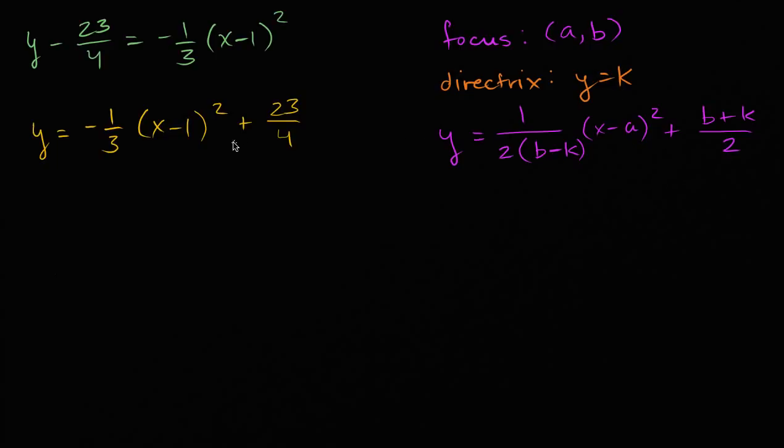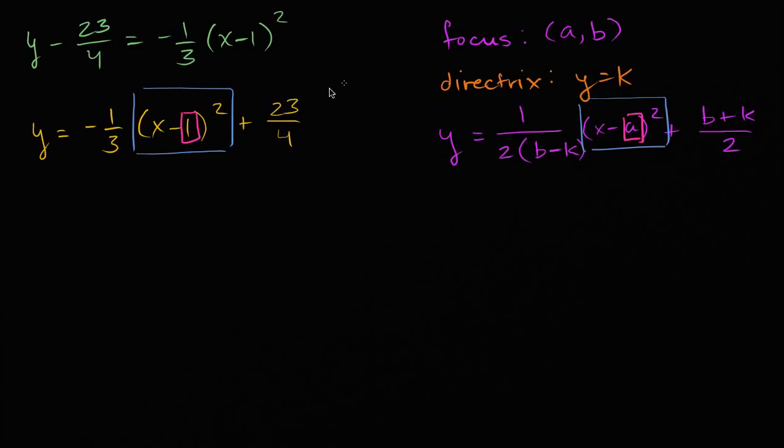Well, we've already seen a technique where we can see the different parts. This (x minus 1) squared corresponds to the (x minus a) squared, and so 1 corresponds to a.